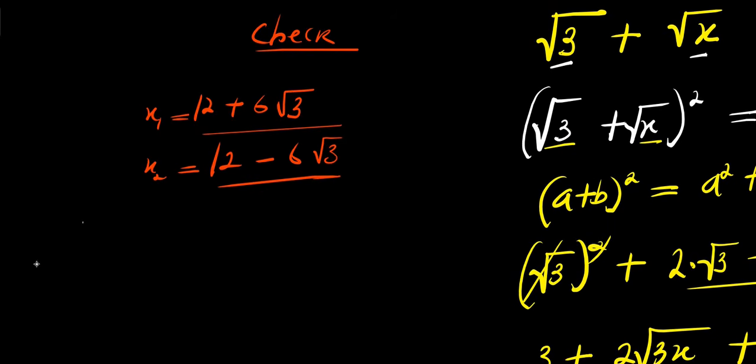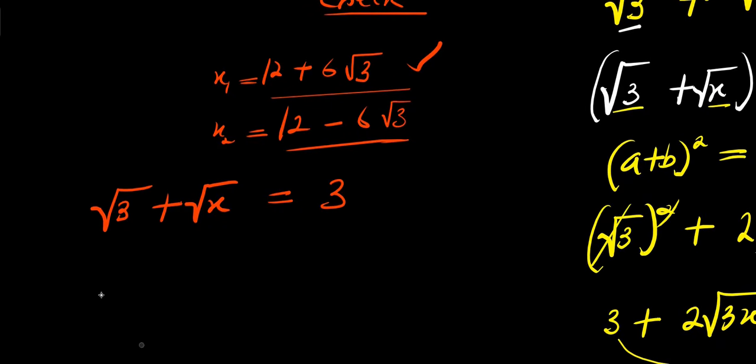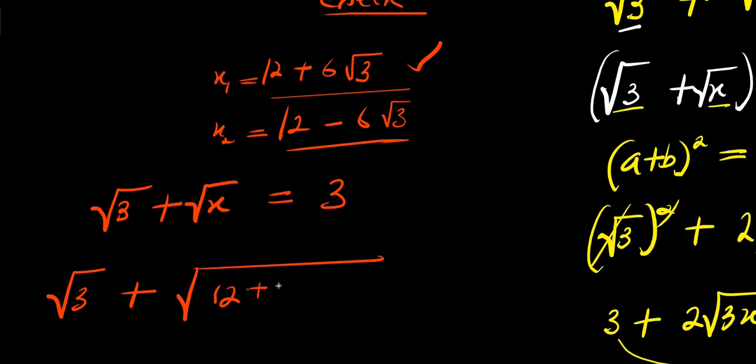So we have square root of 3 plus square root of x equals 3. If x equals 12 plus 6 root 3, we have square root of 3 plus square root of 12 plus 6 root 3 equals 3.